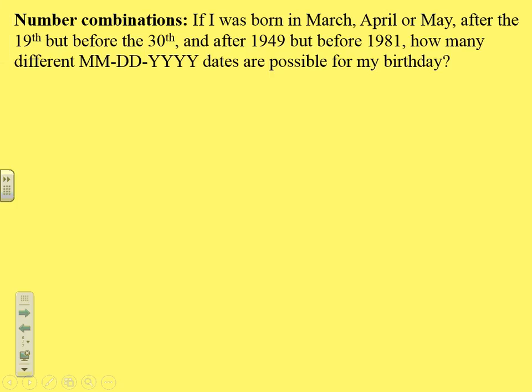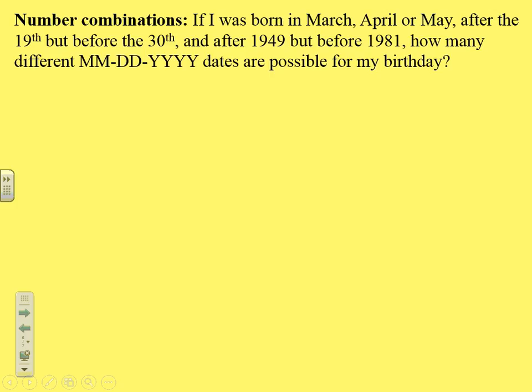Now here, this one is a rather interesting question. Number of combinations. Same idea. We're still looking at the fundamental principle of counting, but the real challenge is going to be, can you identify all of your variables and numbers correctly?